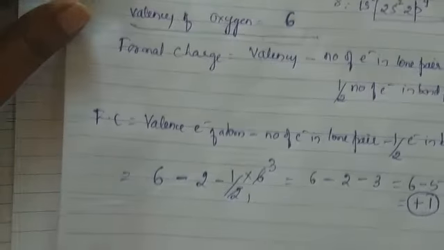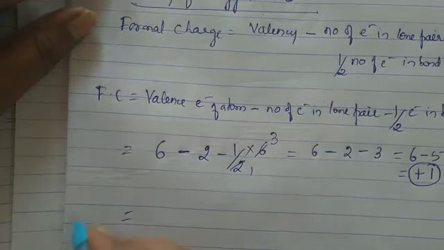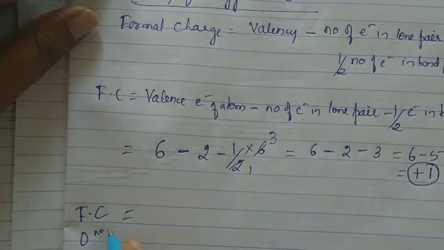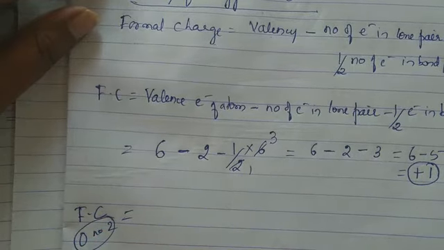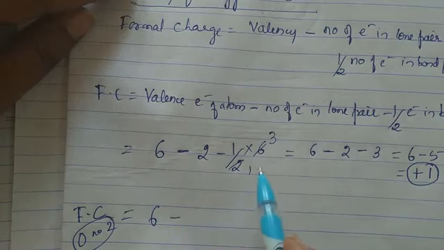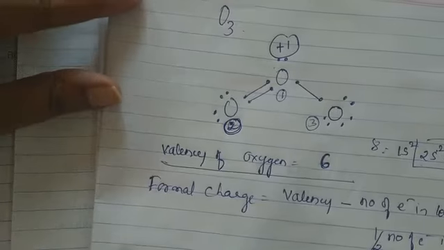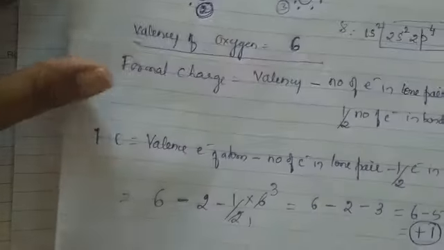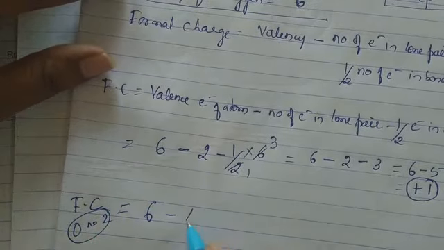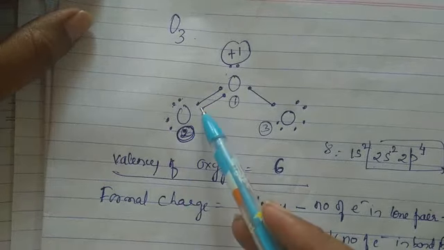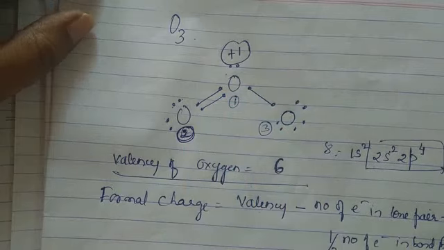So the formal charge of oxygen numbered 2. Valency is 6. How many lone pair electrons are there? 1, 2, 3, 4. So I shall substitute 4, minus half of the number of electrons involved in the bond pair. How many? 1, 2, 3, 4.